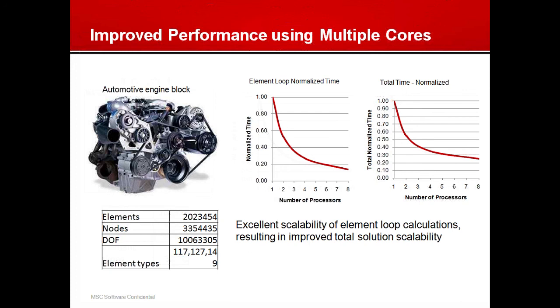Again, what we see here, running it up to 8 processors, is that effectively the element assembly time and the stress recovery time goes down by a little bit over a factor of 5. And the total solution time, which is now very much dominated by the decomposition of the matrix, goes down by a factor closer to 4.5.